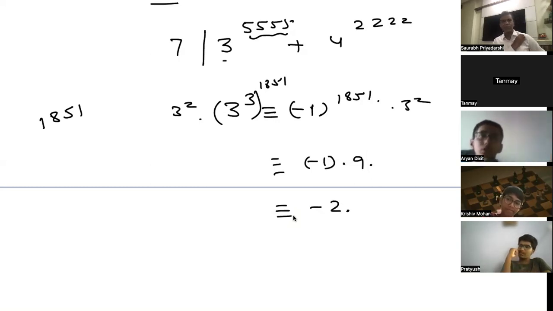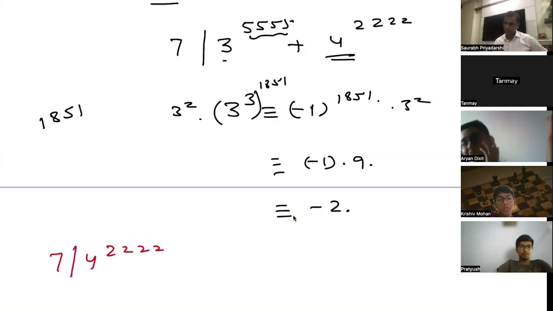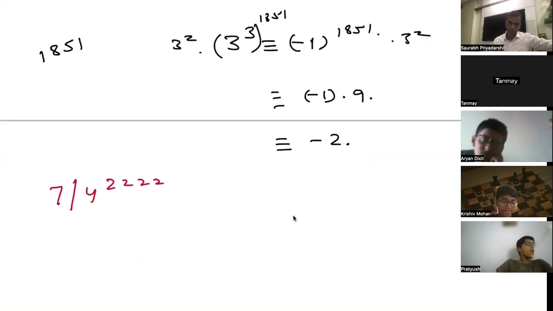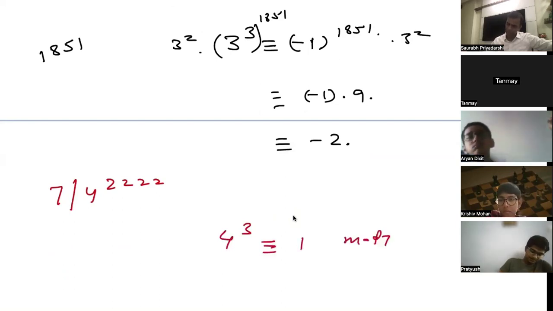Is this okay for the first one? We are getting -2, right? For the second one, when we are taking 4 to the power 2222 divided by 7. So 4 cube is 64, that's 63 plus 1, divided by 7. So this 4 cube is coming to be 1 mod 7, right?